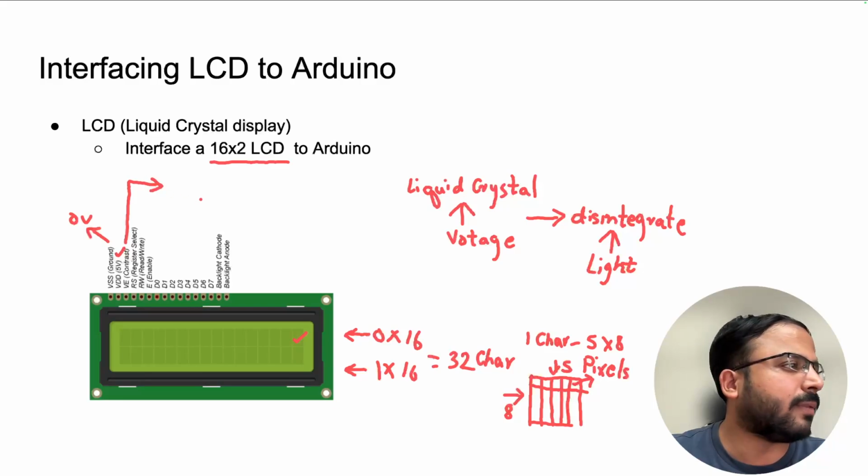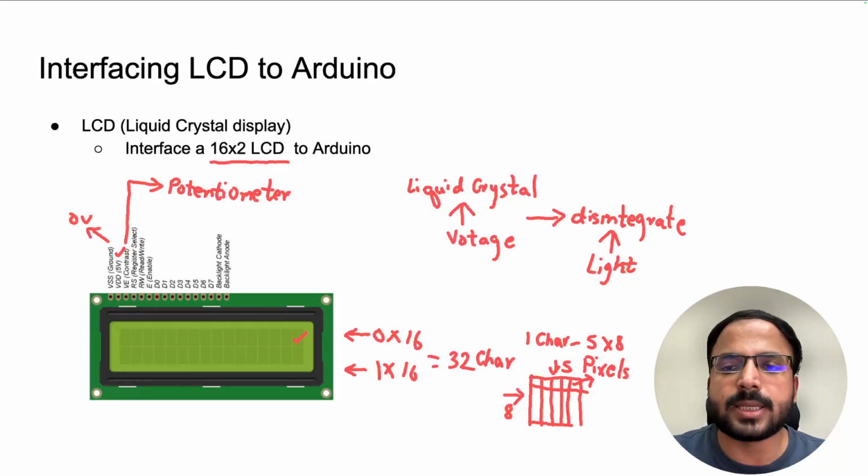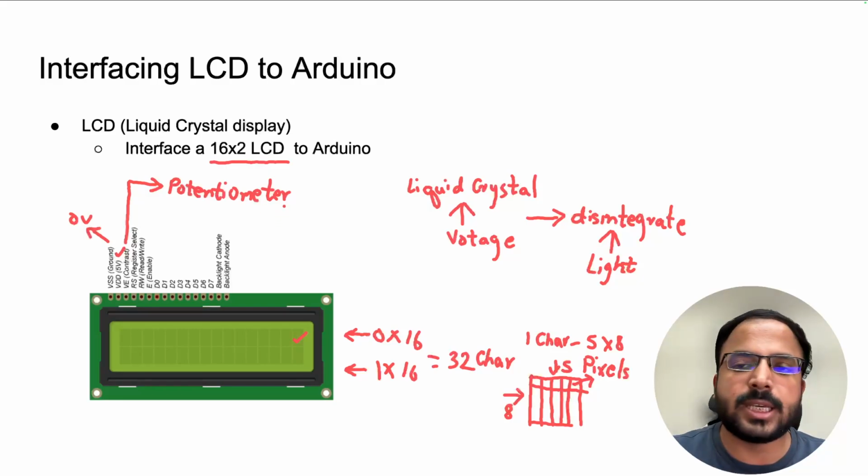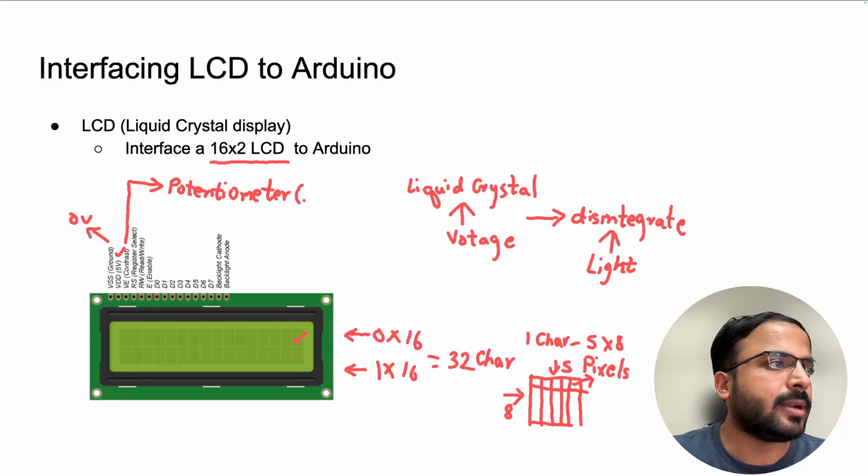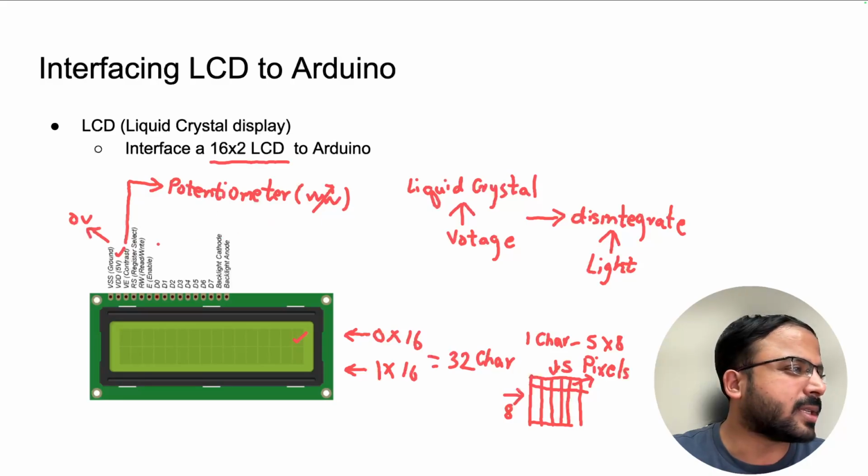What we do is connect a potentiometer to this. A potentiometer is a variable resistance. You vary the resistance and you can change the contrast.